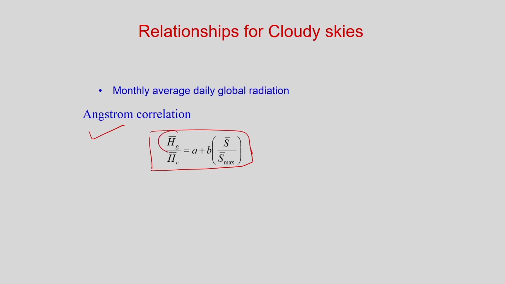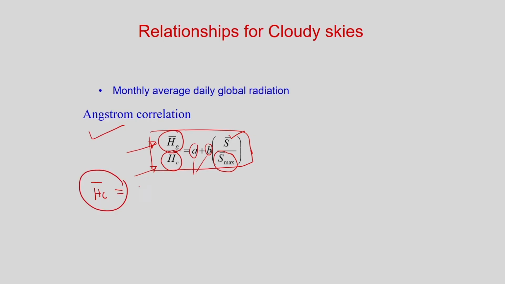Hg, which we need to calculate, is the monthly average of daily global radiation, and Hc is the monthly average of daily global radiation on a clear sky or cloudless day, which is completely sunny days. And A and B are fitting coefficients, S is the sunshine hour and S max is the maximum sunshine hour. So, for this Hc, it is very difficult to define what is clear sky.